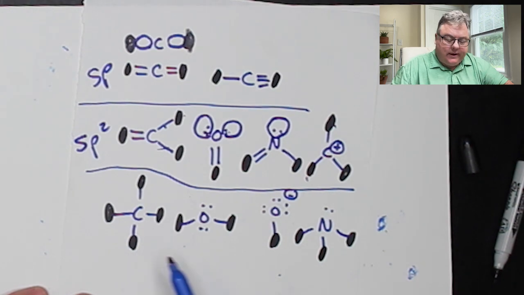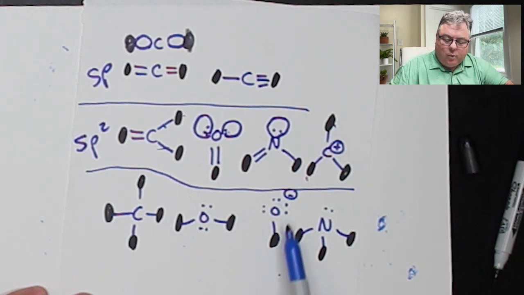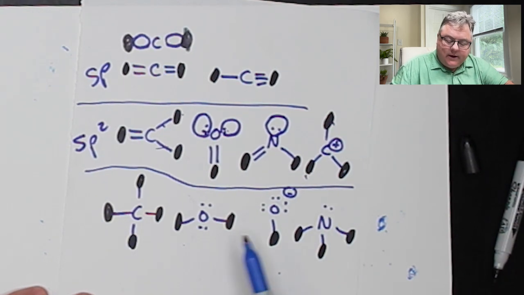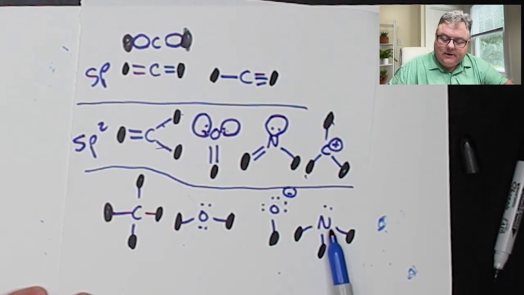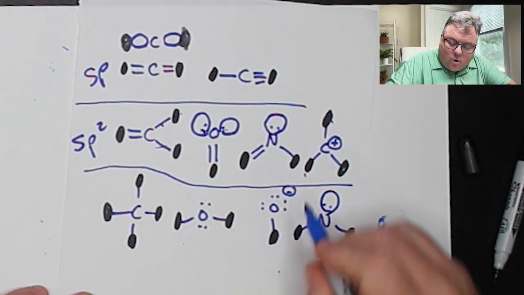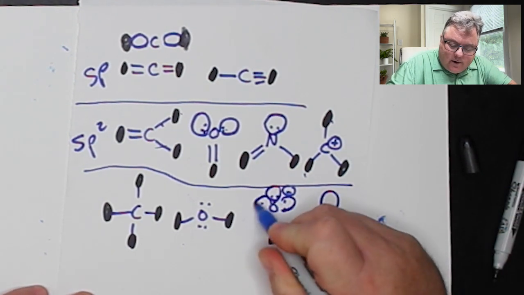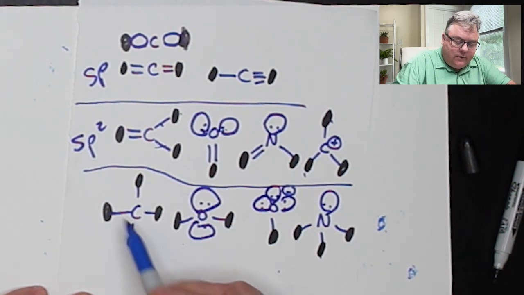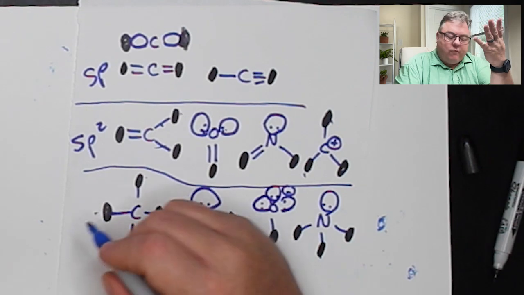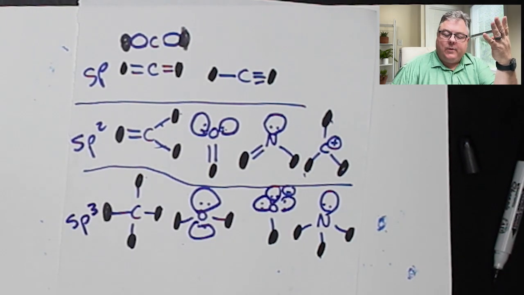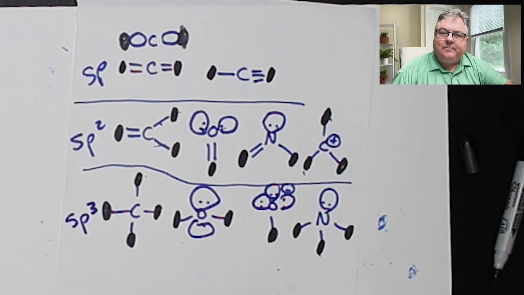If I have four things, whether they're four atoms, two atoms and two lone pairs, one atom and three lone pairs, three atoms and one lone pair, all of these have four things attached to the atom. 1, 2, 3, 4. And if you need four things, I've got to mix my s and all three p orbitals together to make four sp3s.